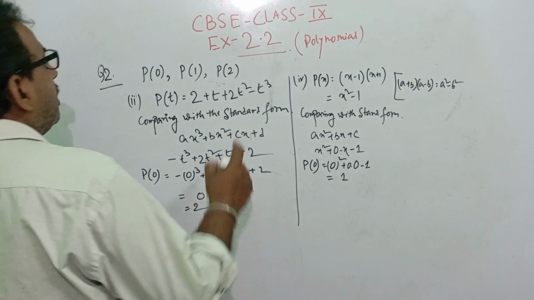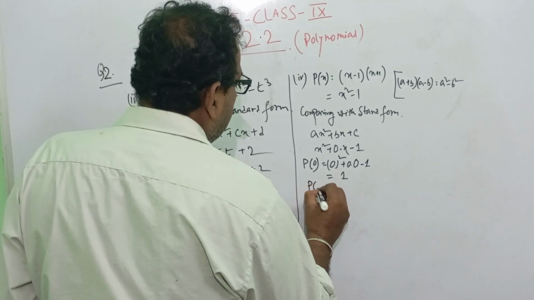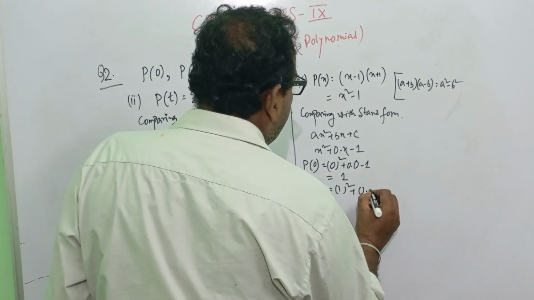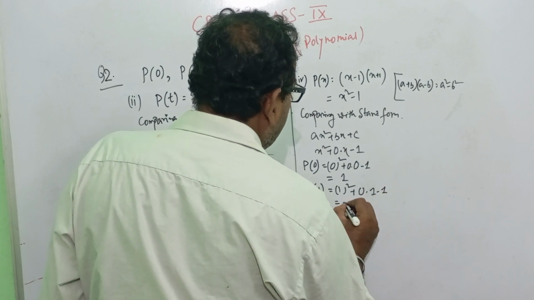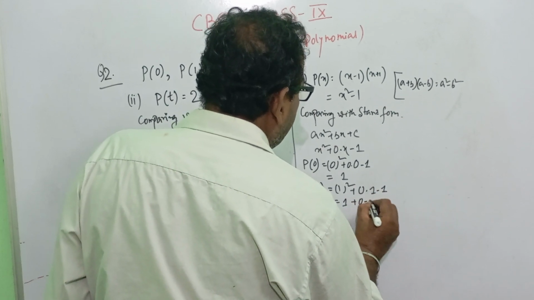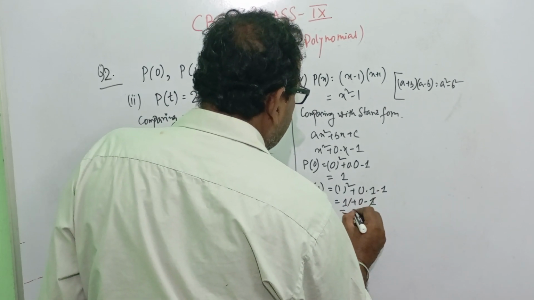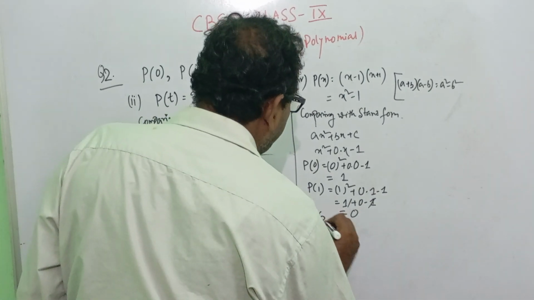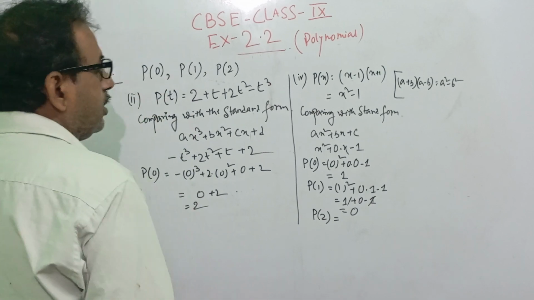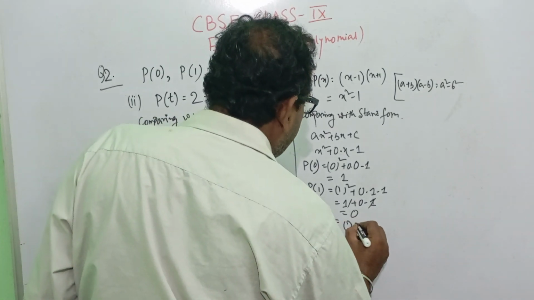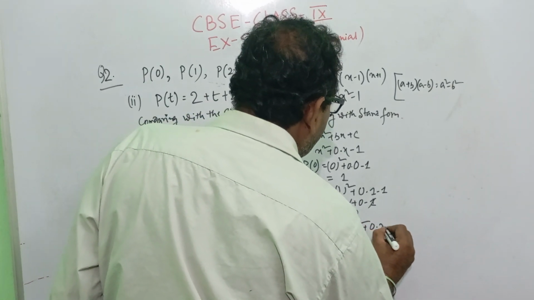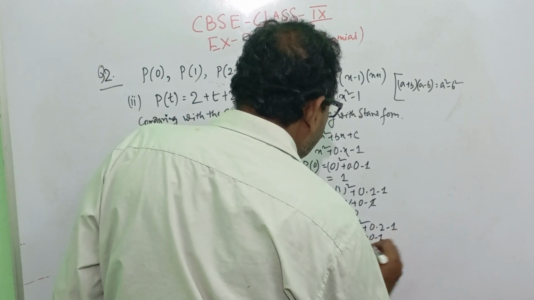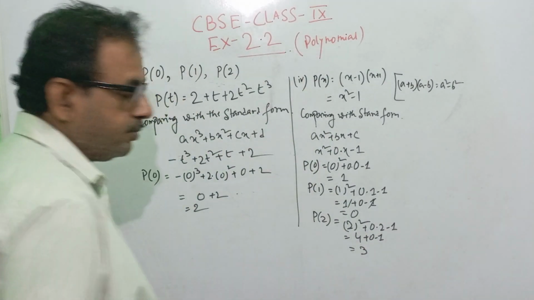Now if we consider p1, that is 1 square plus 0 into 1 minus 1, so that is 1 plus 0 minus 1, that is 0. Now if we consider p2, then what we do that? 2 square plus 0 into 2 minus 1, that is 4 plus 0 minus 1, that is 3.